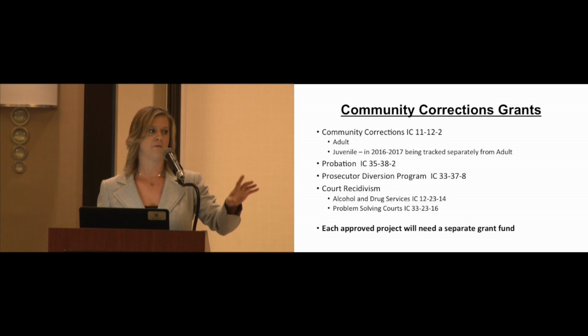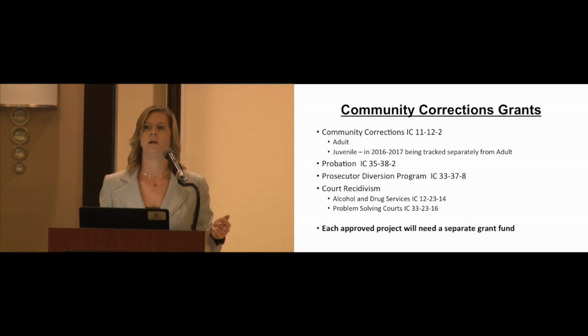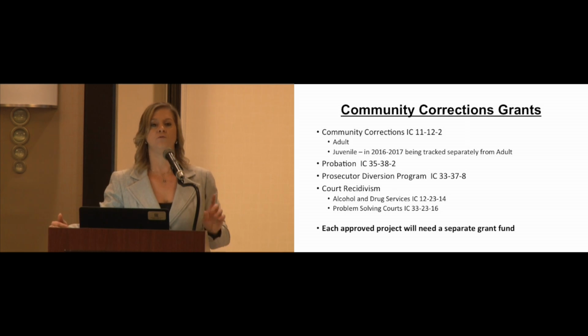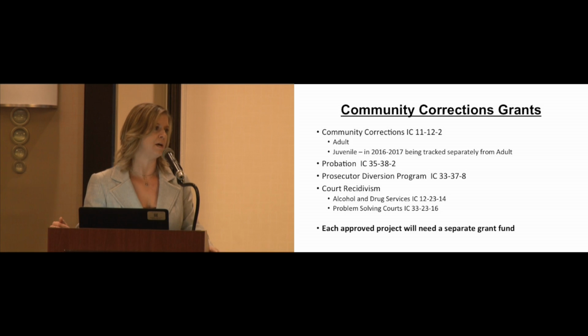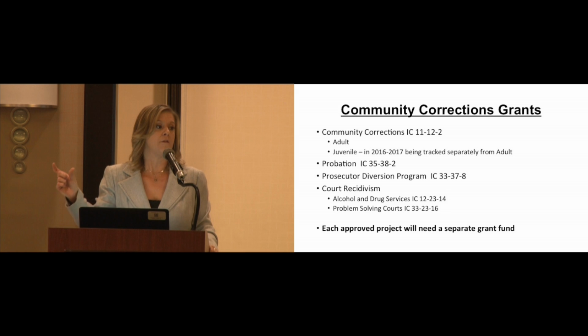Now, here's the other thing. We know they're spending money out of funds, and then they get the project approved because they've already started spending it. You do not reimburse the fund when the money comes in. You need to move those expenses to the grant fund.